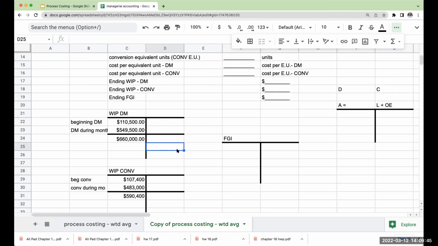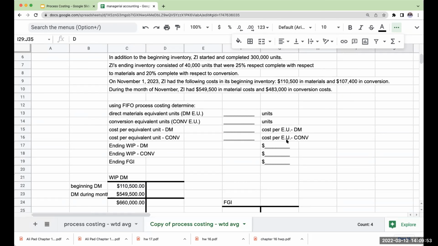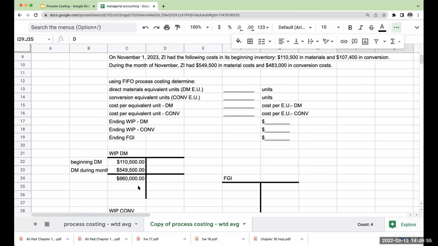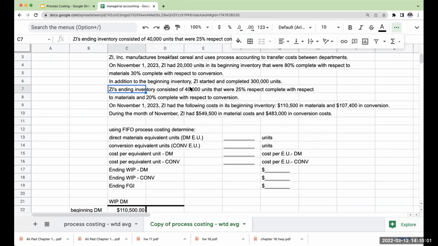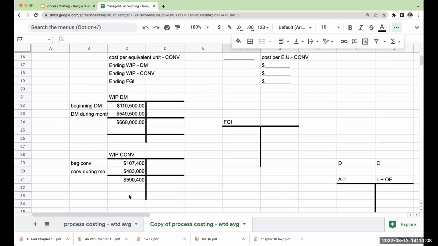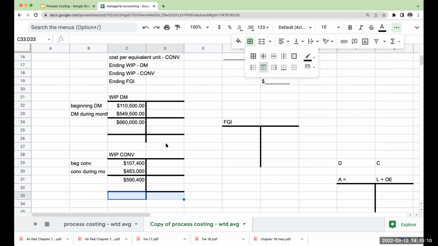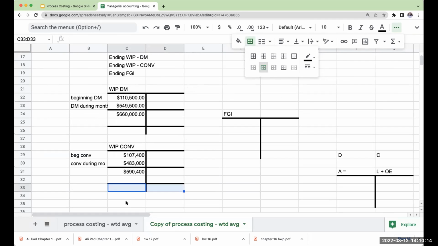How do I get them over? I'm going to get these over with the process of using what we call equivalent units. If I'm looking at this, my ending direct materials inventory should be reflective of the 40,000 units that were 25% complete with respect to materials, and 20% complete with respect to conversion.